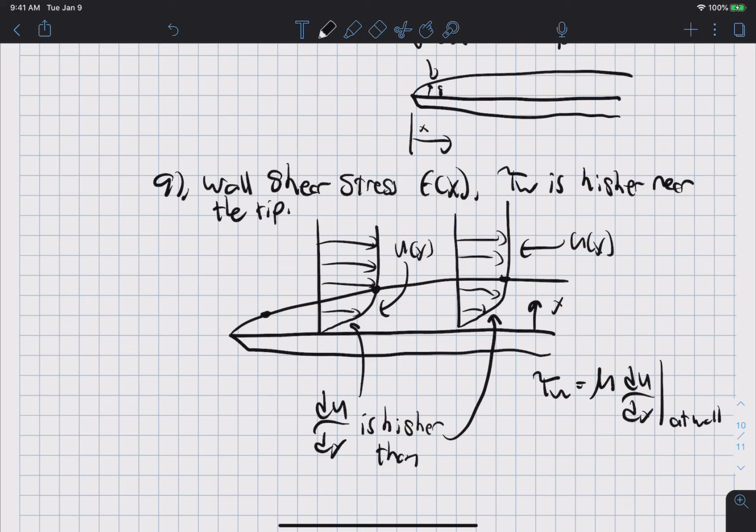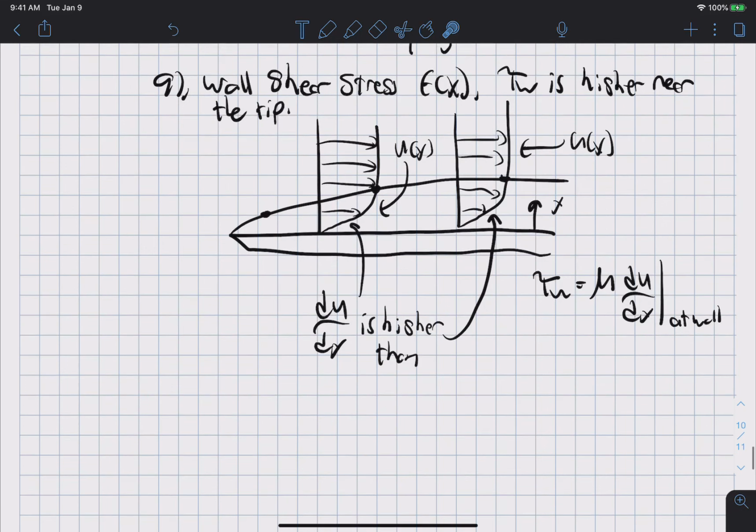Okay, and so this basically means that the velocity gradient is higher near the tip because it had a shorter boundary layer in which to transition from the no slip condition, where the velocity is 0, to the free stream condition. That had to occur in a much shorter distance than it did over here. And so that means that the shear stress is actually higher here than it is over here.